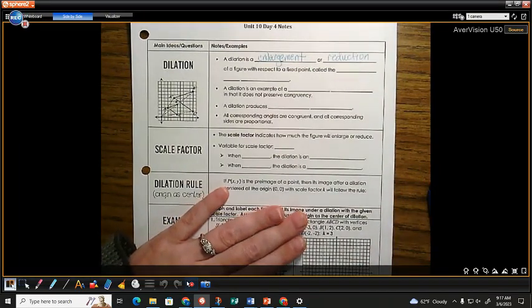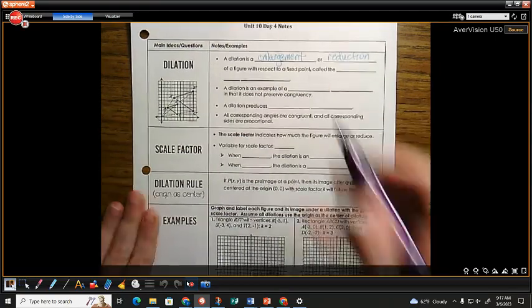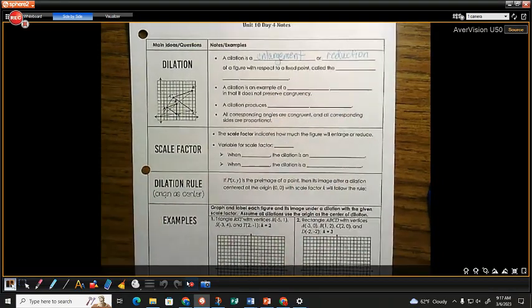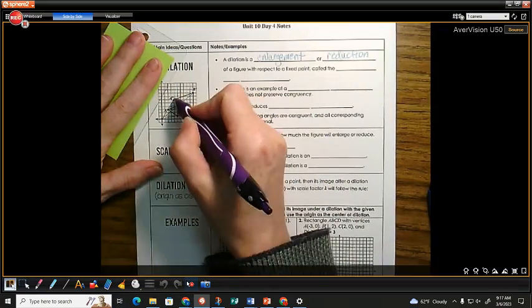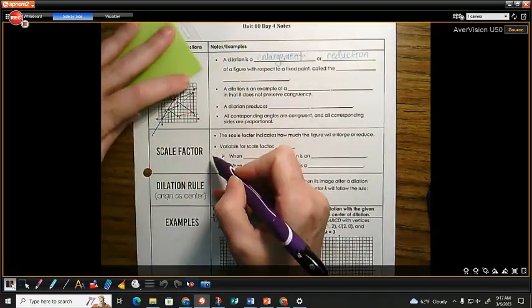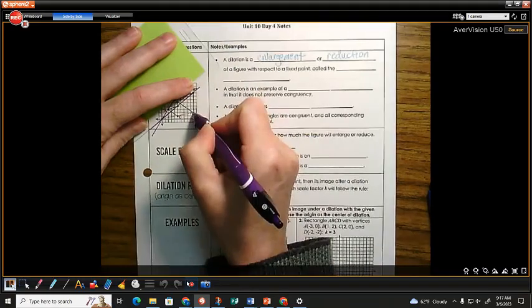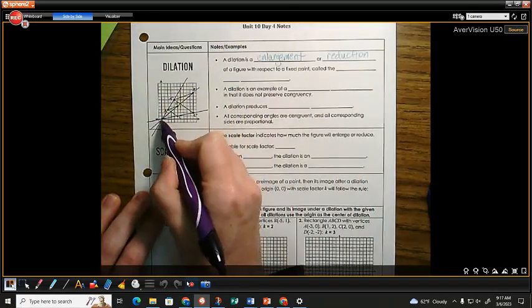Now, the thing is when you grow or shrink something, it actually grows or shrinks around a fixed point. Artists use this point all the time. If you have your original and your image and you connect those dots, however far you want to connect them, eventually all those lines will meet at one point.